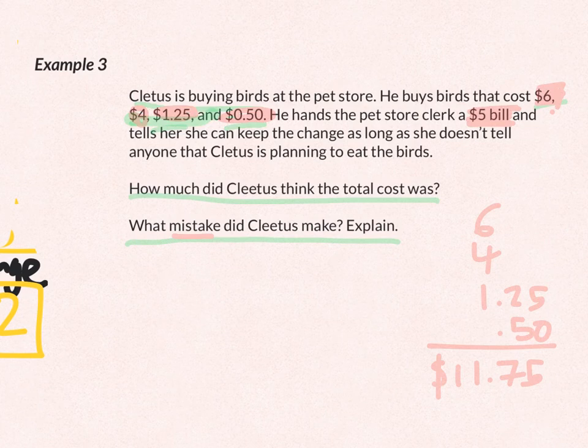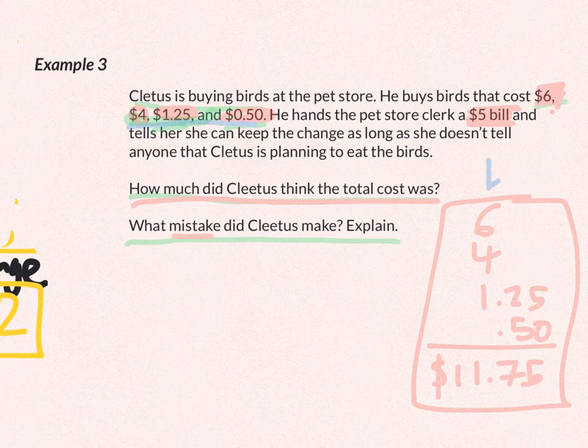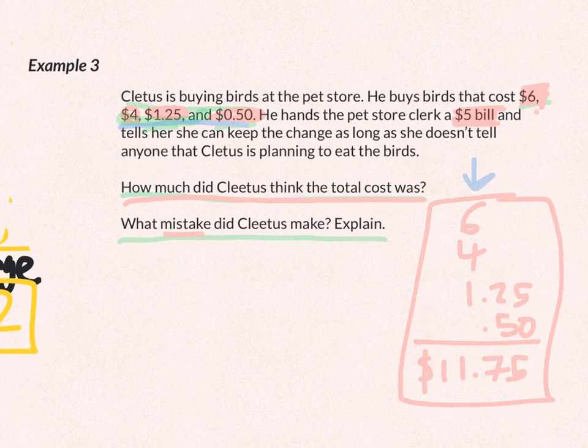So the initial mistake that he made was underestimating the cost, right? But they asked us how much did Cletus think the total cost was. So we have to think, how could he have made this mistake? Look over here where I added these costs together.